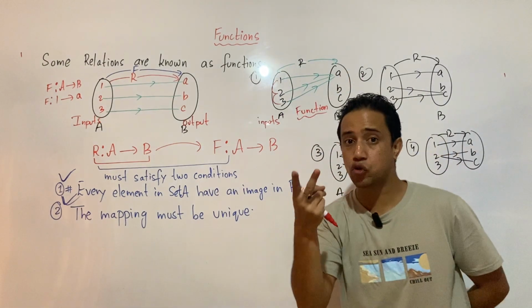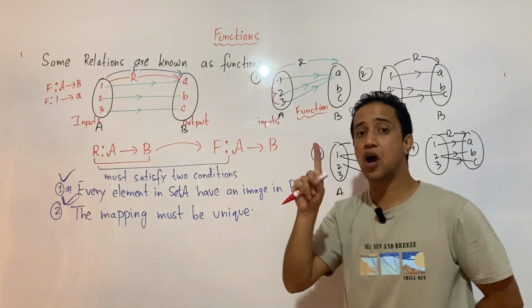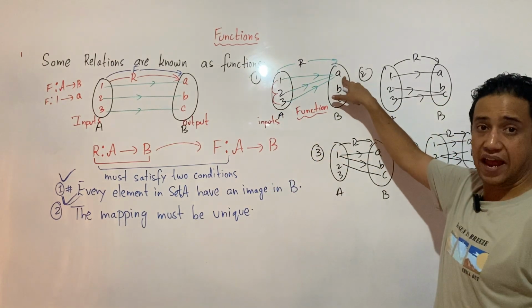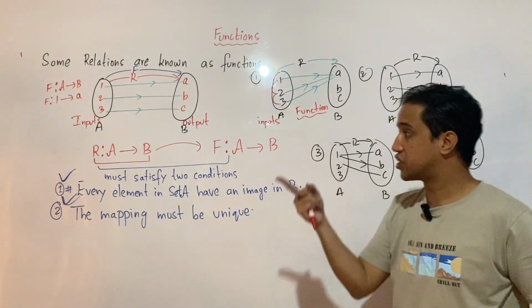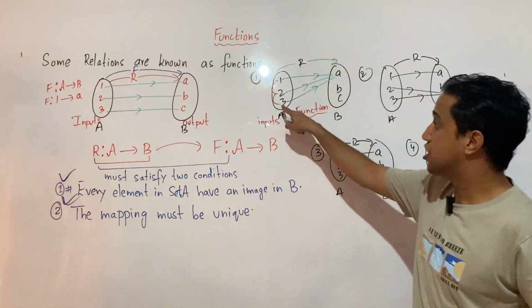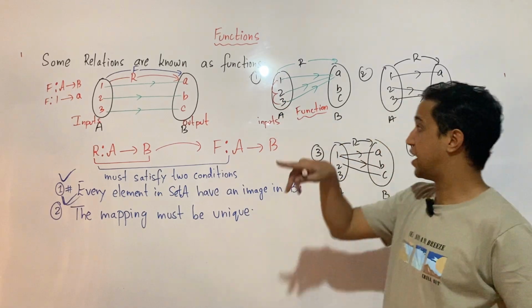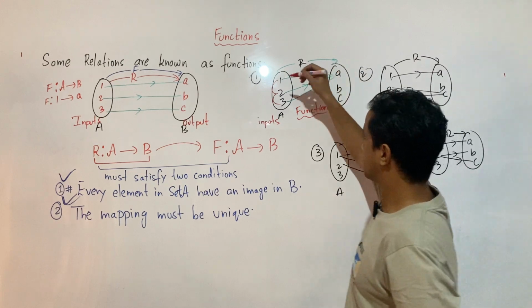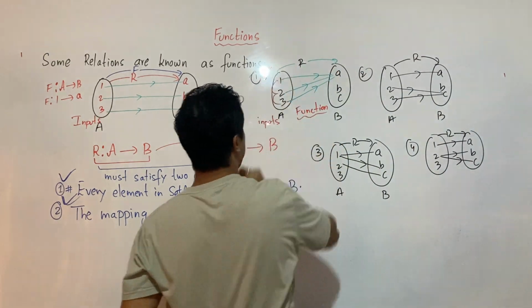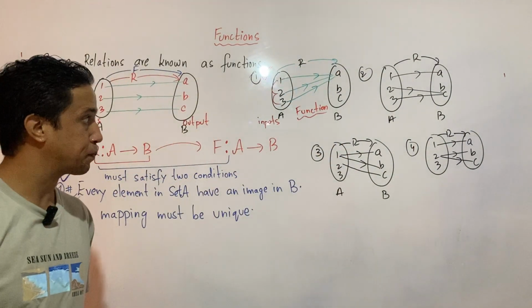It is not giving you 2 outputs. Your input is 1 and your output is A, right? Again, your input is 2 and how many outputs are there? Only 1. Your input is 3, 1 input, and how many outputs do you get? Only 1. So this is a function. I hope you understand it.